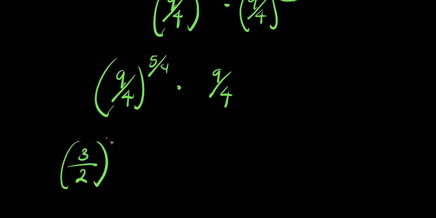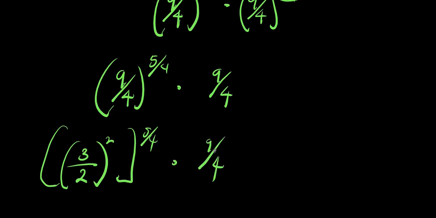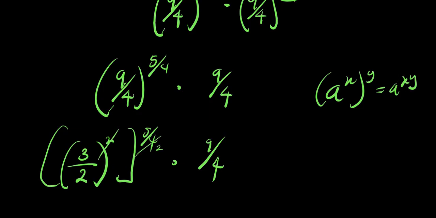the power of 2, because 3 squared is 9, 2 squared is 4, and this is raised to the power of 5 over 4 times 9 over 4. Have you seen that? So from here, you multiply this exponent using a power x power y equals a power x times y. So 2 cancel this. This is 2 right here.